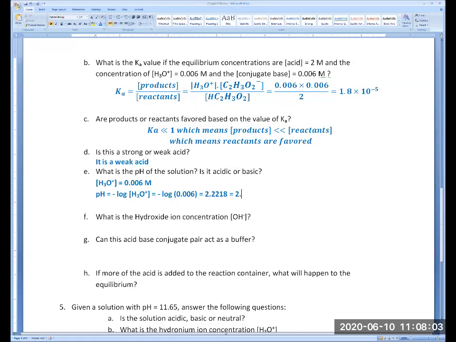And that number of decimal places depends on the number of sig figs in the concentration. If you look at the concentration here, how many sig figs? Can you type in the chat? How many sig figs do we have in 0.006? Yes, we have only one sig fig there, right? The 6. Only the 6 is significant.